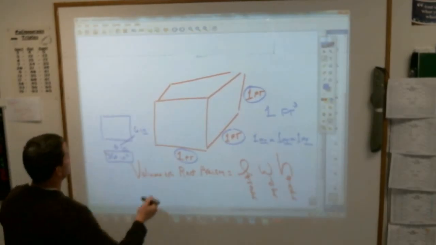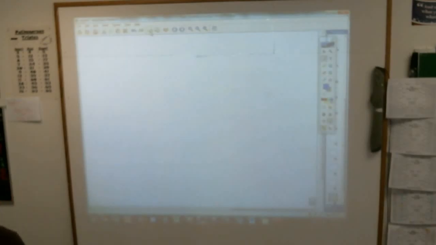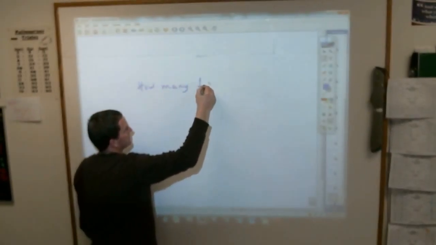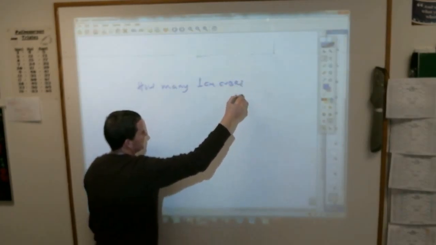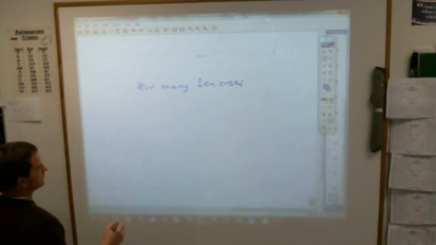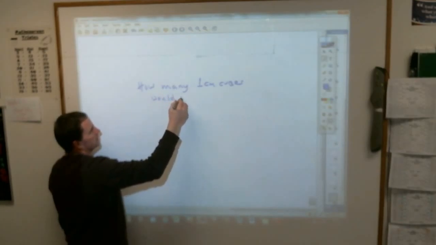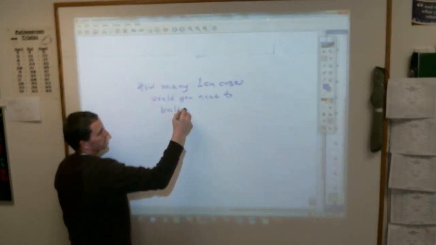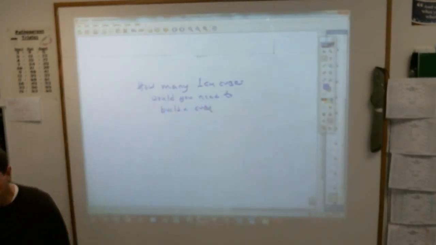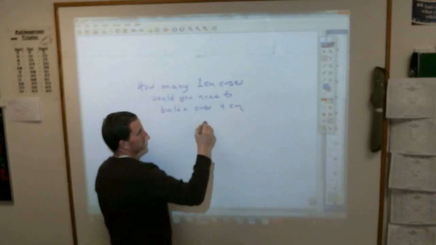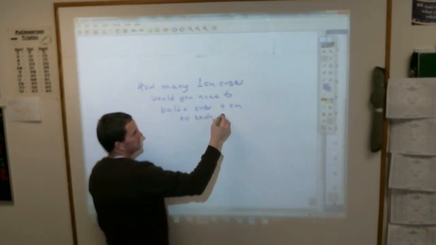And here's a question they will ask you. How many 1 centimeter cubes, which is a cubic centimeter, would you need to build a cube that is 4 centimeters on each side?